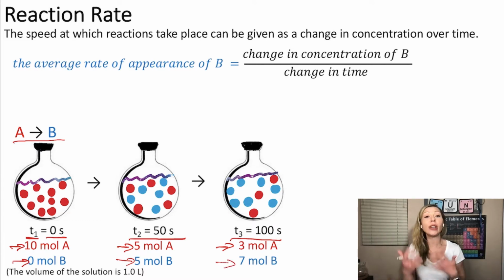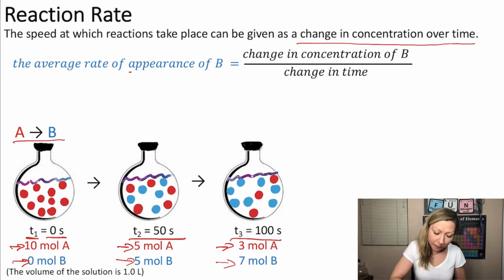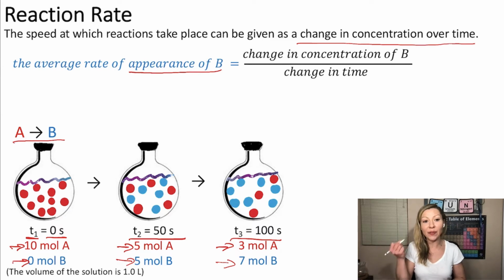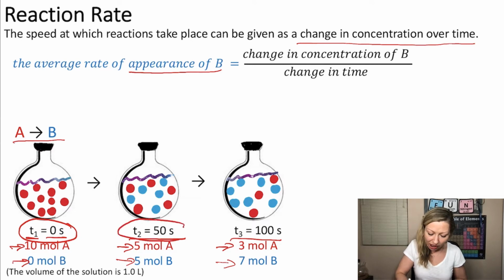Now, in order to figure out the average speed, I can simply take a look at the change in concentration over time. So let's look at the average rate of appearance of B, the product, from T1, which is 0 seconds, until T2, which is 50 seconds here. I need to take the change in concentration of B over the change in time.